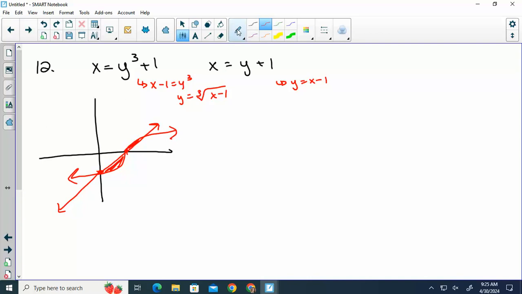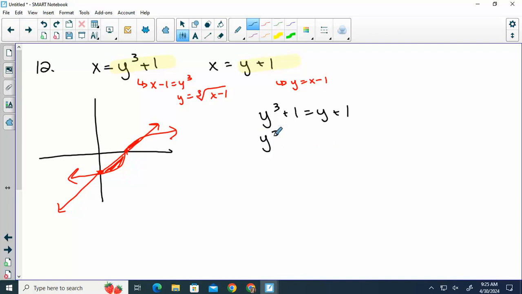All right. I still think it's probably better to keep this one in terms of y. If we want to do x, we'd have to find the x values where they meet. If we want to do y, we find the y values where they meet. So I would just set these originals equal to one another. So if we find where y cubed plus 1 equals y plus 1.